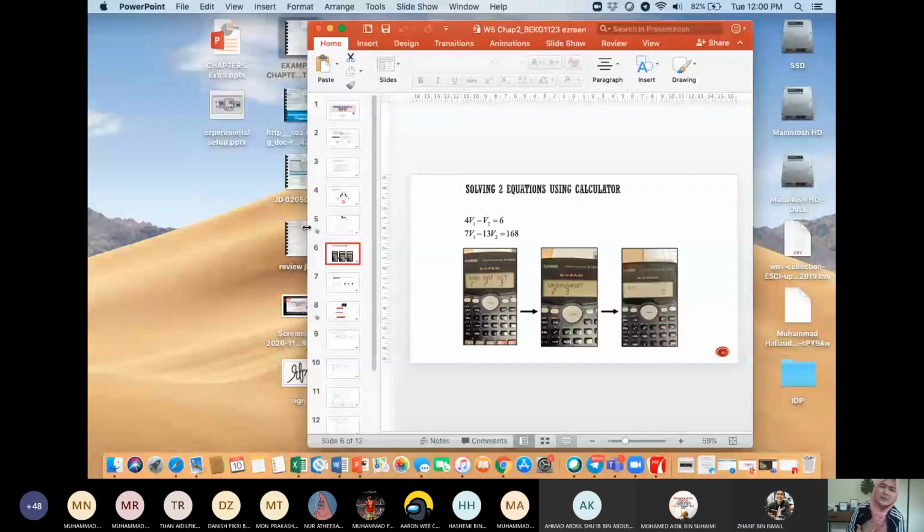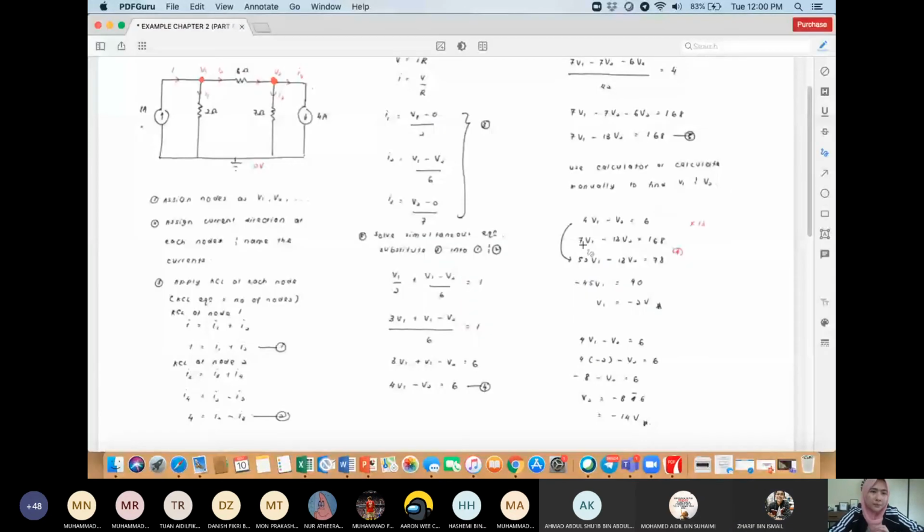Okay, so my advice is that I think it is better for you to use your calculator. But you must make sure that the value that you insert in your calculator is correct, instead of doing it manually. Because this example is quite simple.